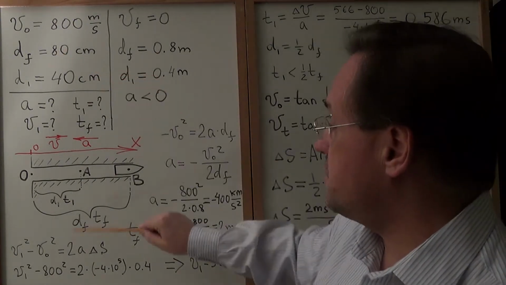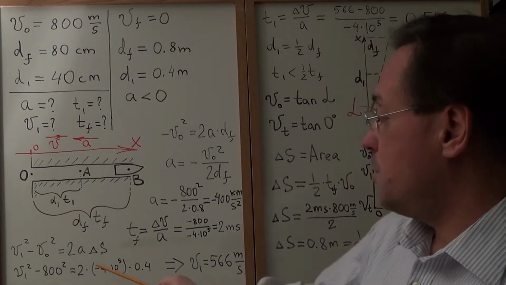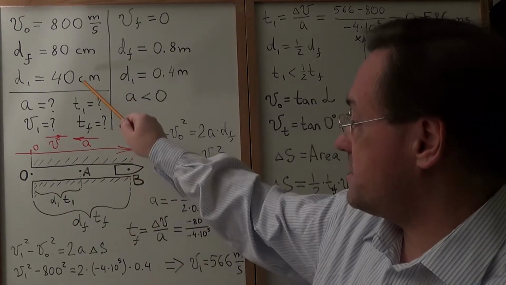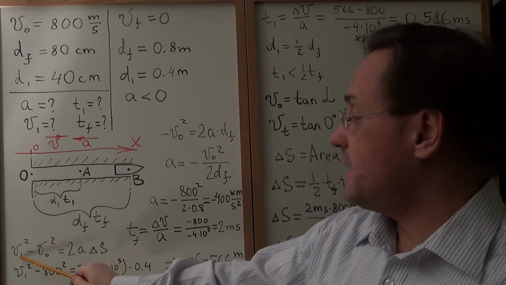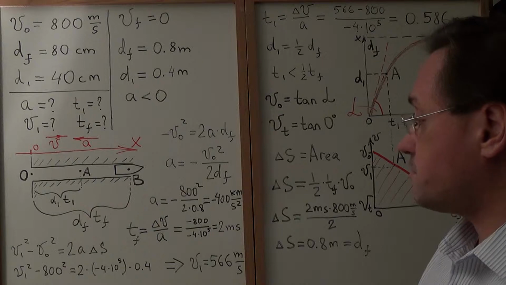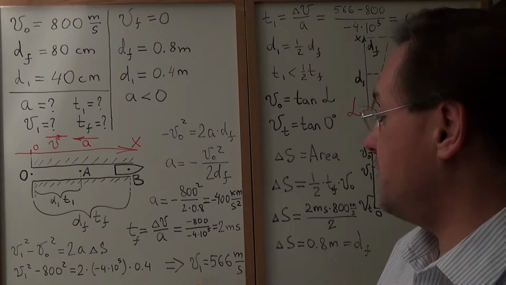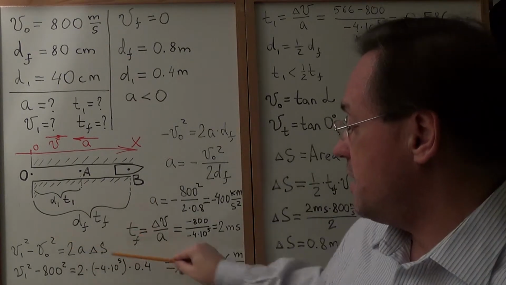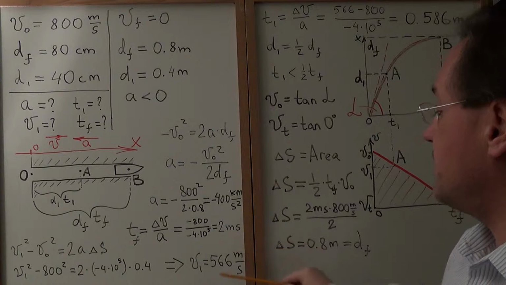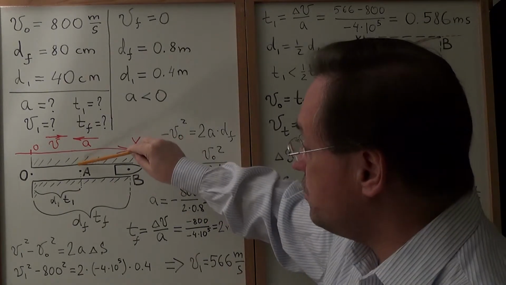So for point A, which is half the distance, we have distance 40 centimeters here, the same acceleration, and final velocity we actually have to find. Initial velocity is 800 meters per second. We plug in numbers, we find the final velocity. So this is final velocity V1 for point A.